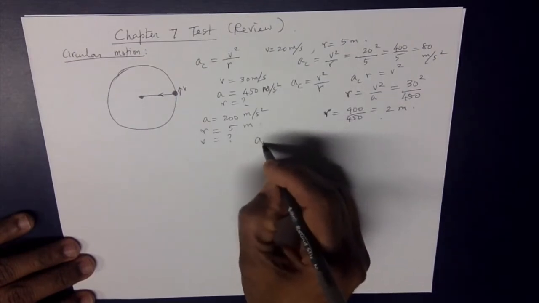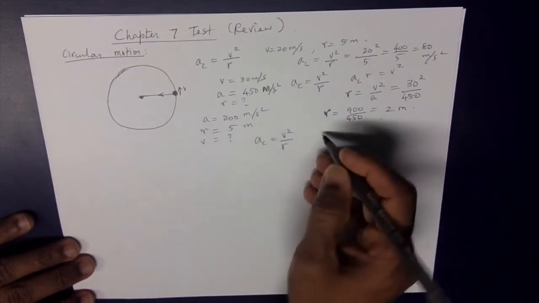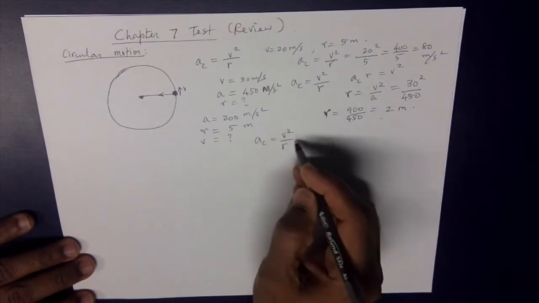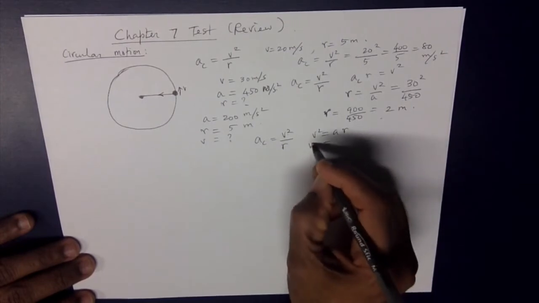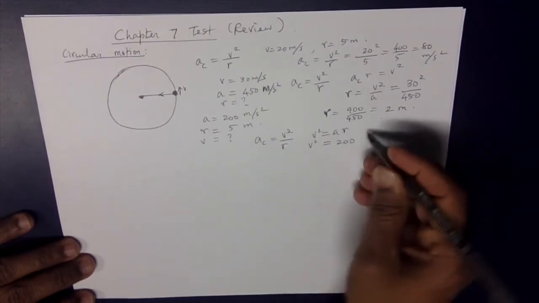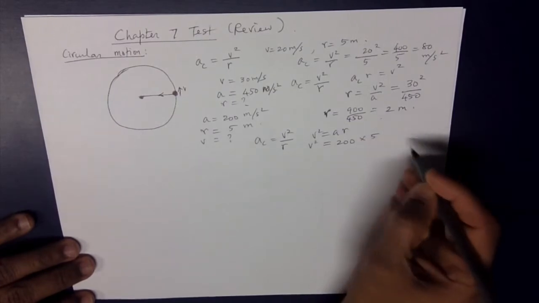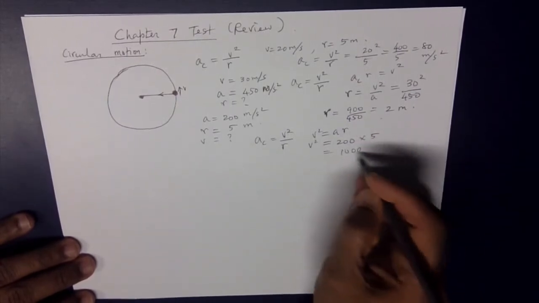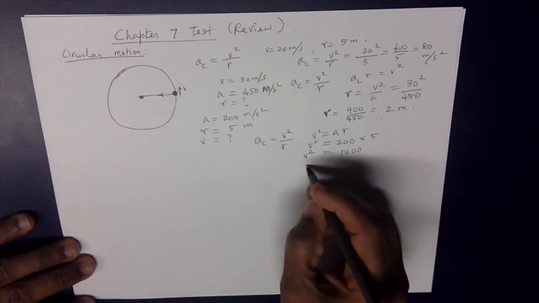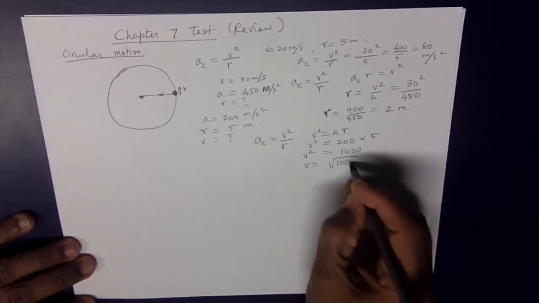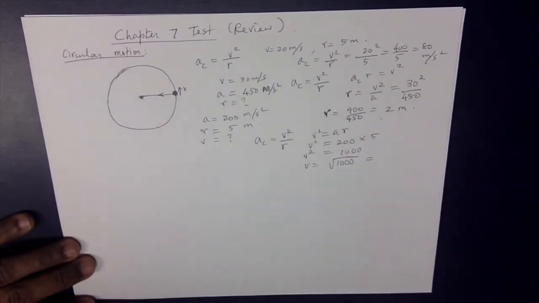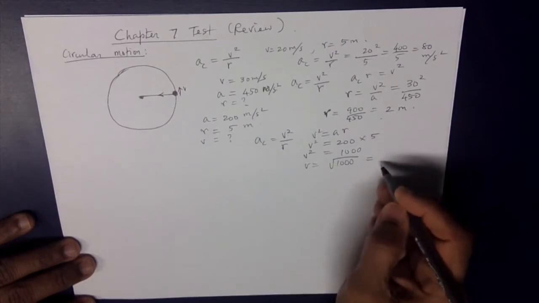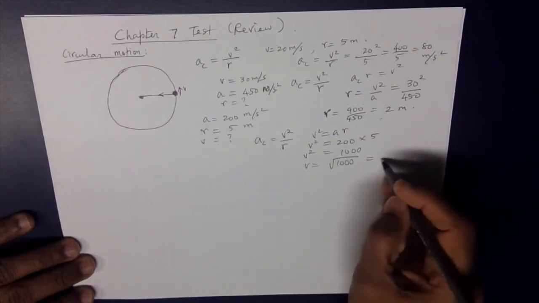Use the same equation. a is equal to v squared over r, and the question is asking for v, so v squared is equal to a times r. Substitute: a is 200, times r is 5 meters. So we end up getting 1,000. So v squared turns out 1,000, so v will be the square root of 1,000, which is like 31.6, something like that. So that is meters per second. This is your answer in meters per second.